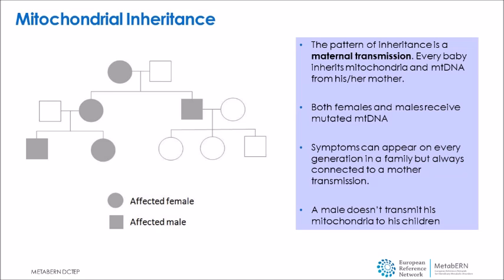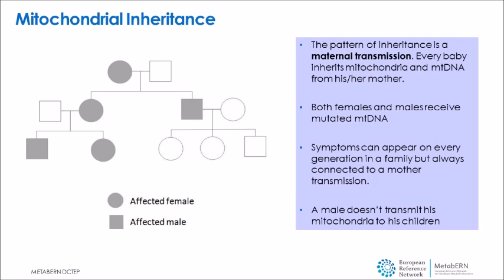This transmission is not related to the gender of offspring, because both females and males receive mitochondrial DNA from their mother. Symptoms can appear in every generation in a family, but always connected to maternal transmission, because a male never transmits his mitochondria to his children.